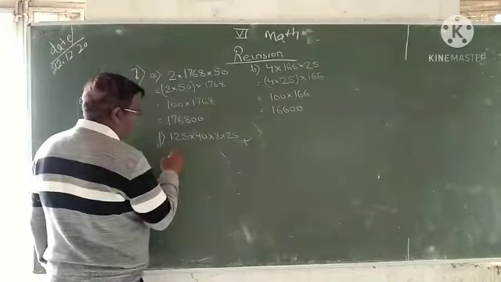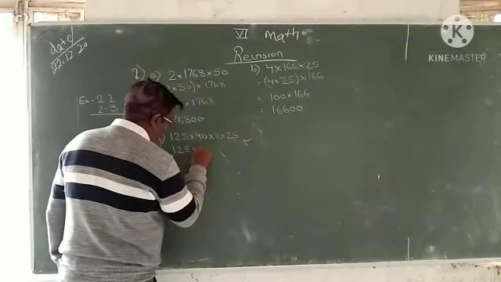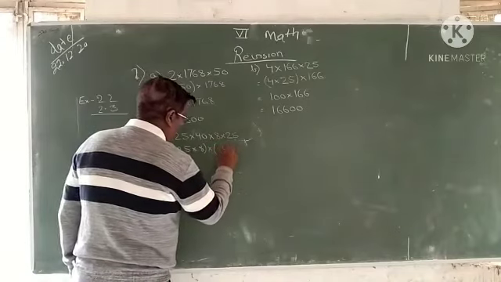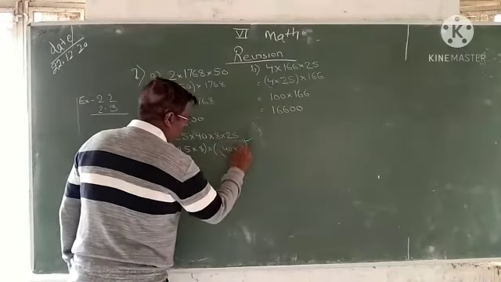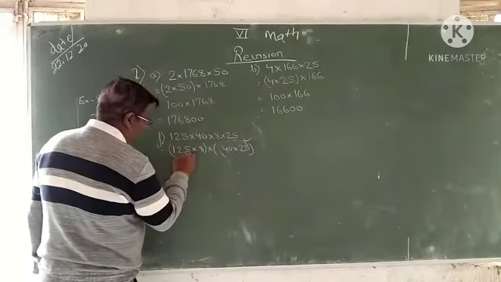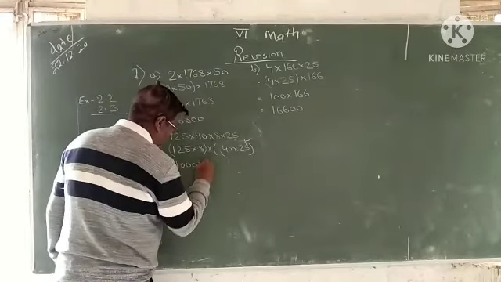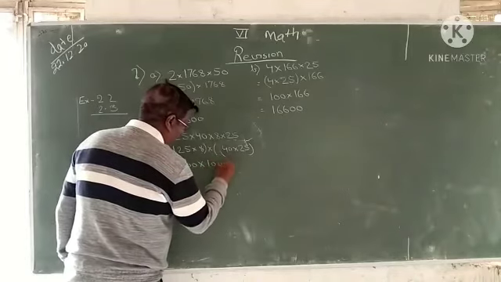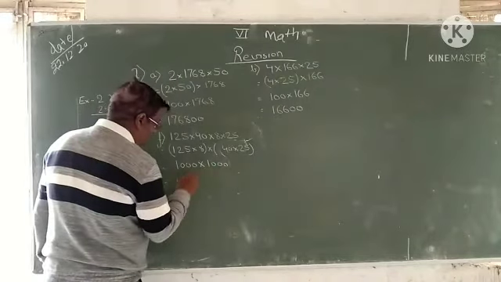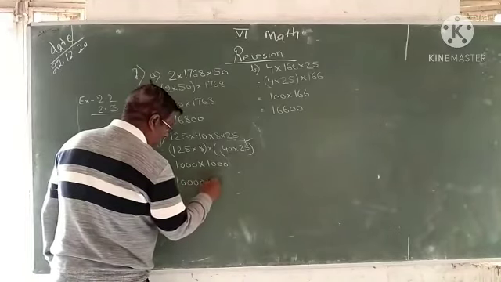So if we calculate 125 into 8 into 40 into 25, it comes as 1000 into 1000. So 1 into 1 is 1, and find out the number of zeros. There are 6 zeros. You need to write 6 zeros.